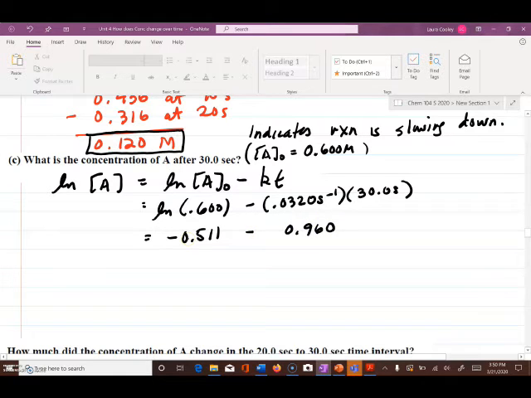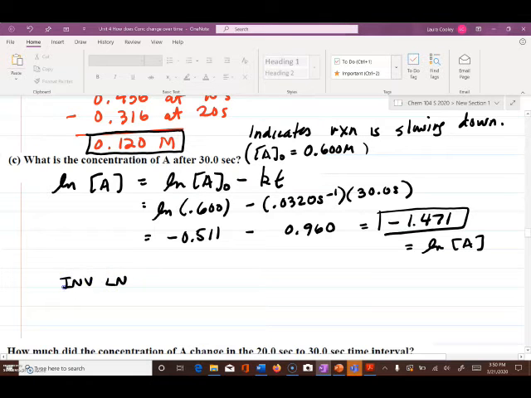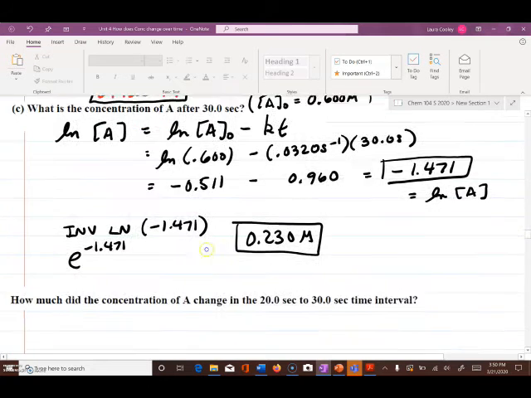So now you're basically adding these two negative numbers. You get minus 1.471. So this is the natural log of the concentration that we want. So we will have to take the inverse natural log of negative 1.471, or e to the minus 1.471. Either way, you're going to get 0.230 molar as the answer.